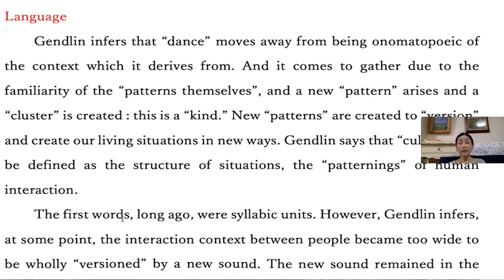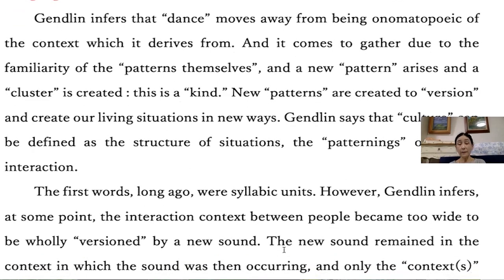The first words, long ago, were syllabic units. However, Gendlin infers that at some point the interaction context between people became too wide to be fully versioned by a new sound.